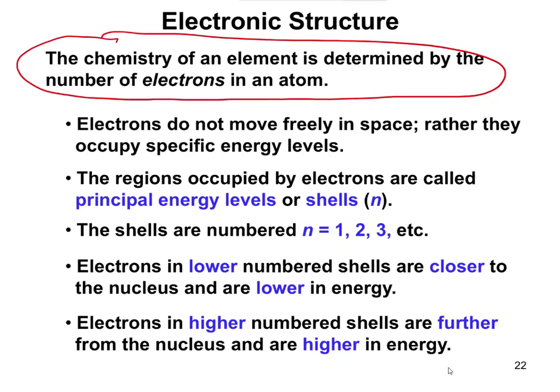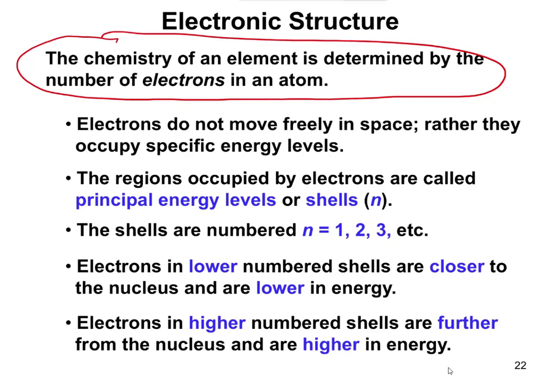It's always in the electrons. Electrons don't move freely around in space. Like we talked about with the electron cloud, even though the electrons have that really large cloud, they occupy very specific energy levels within it. We'll talk about this more as we go through electronic structure.